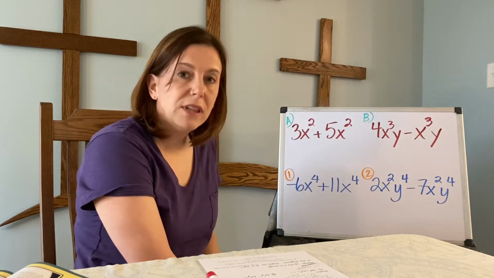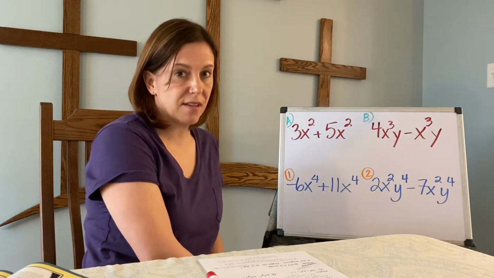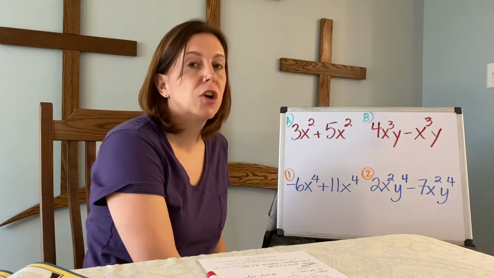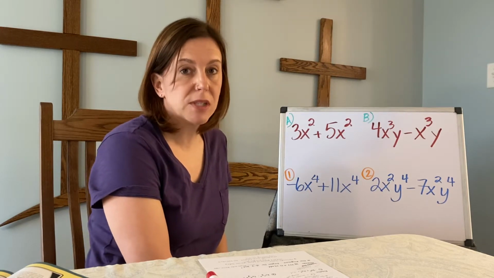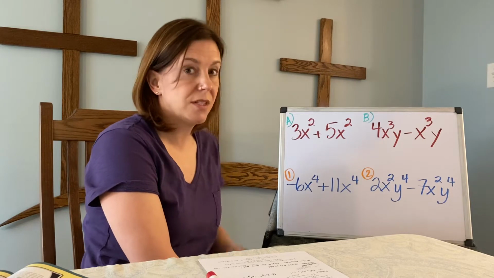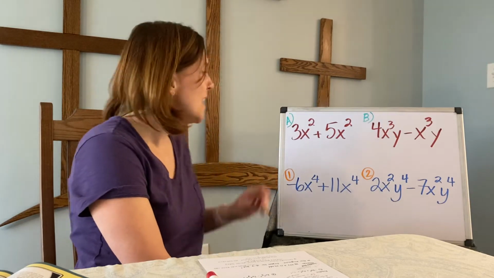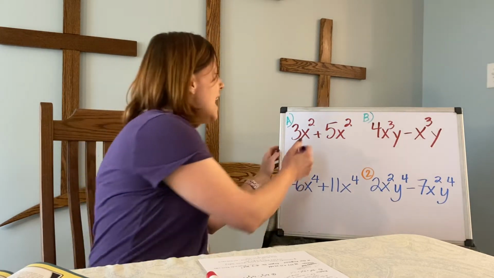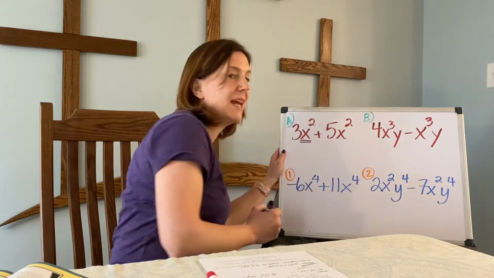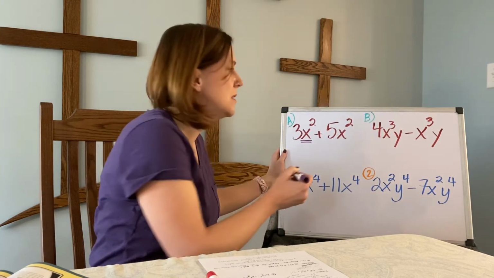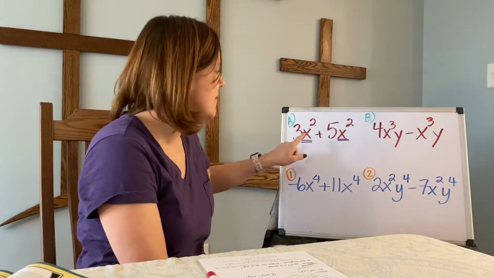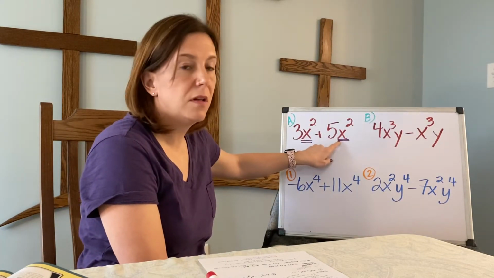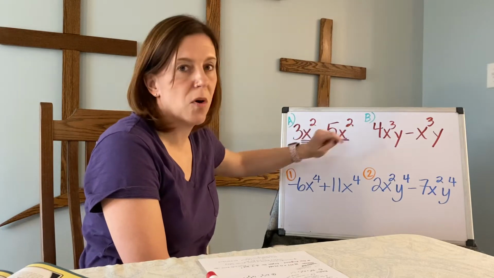I can only add and subtract things or terms that are common terms, meaning they have to have the same variables and the same exponents, precisely the same. So if I look at letter A, I know that I'm adding 3x squared plus 5x squared. They have the same variable and the same exponent.